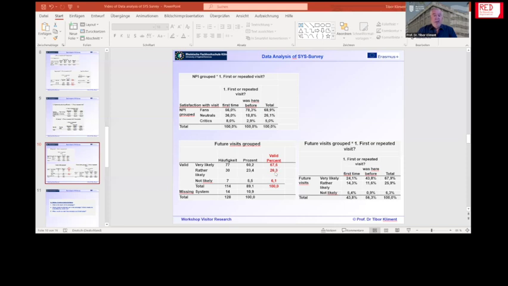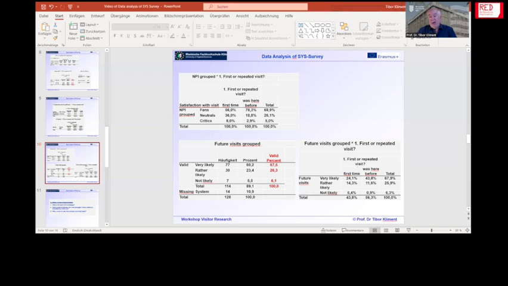Rather likely is only 26.3 and not likely 6.8. So here we have the valid percent again. Here are excluded missing answers in the survey, which you can see here. So a little more than two thirds of the visitors say they would like to come back.